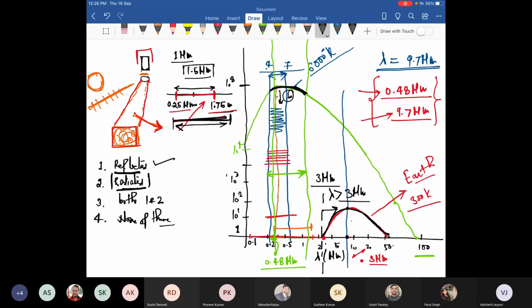In the same arc, this range of energy within 0.25 to 1.75 micrometer will be reflected back. While reflecting back, some part of the energy will be absorbed, so again it will be lower. Finally the energy reaches the sensor, and it will be less than the energy radiated from the sun.